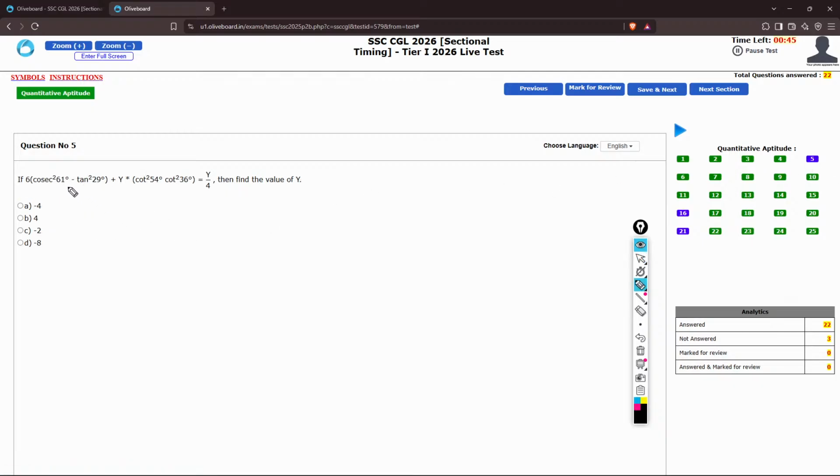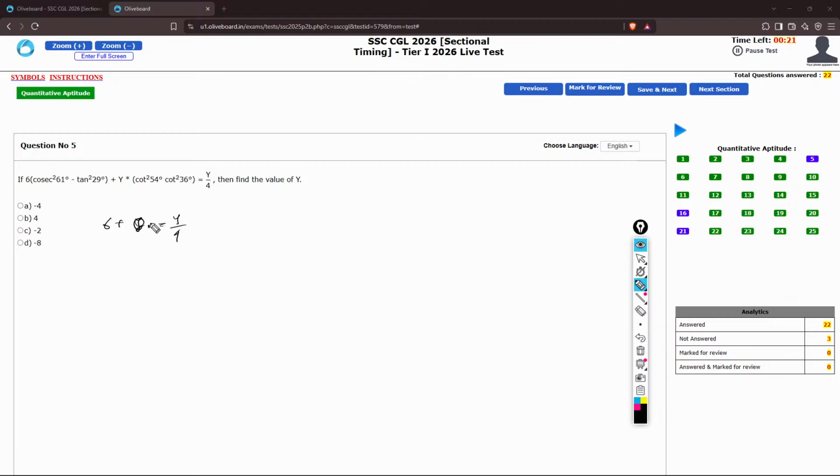This one is cosec minus sec. Sec minus cosec is minus 1, right? Cosec minus cot is 1. So 6 plus y equal to y plus 4.